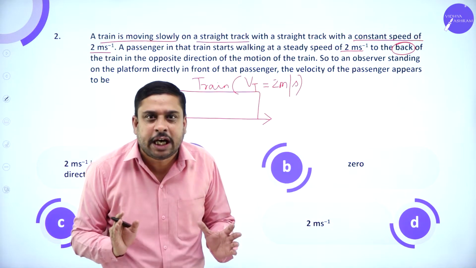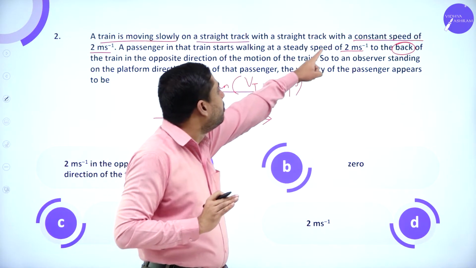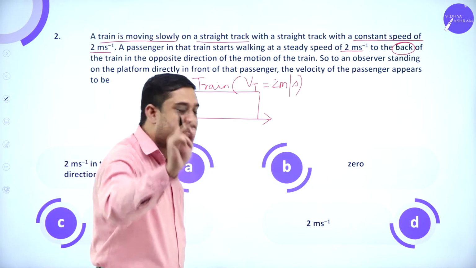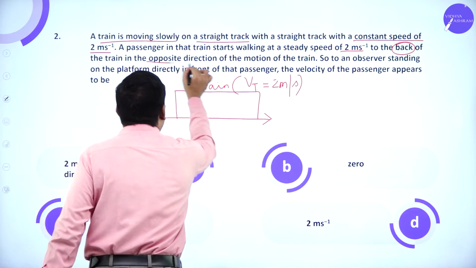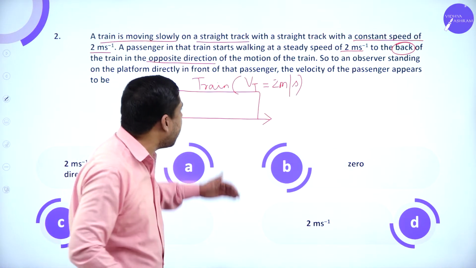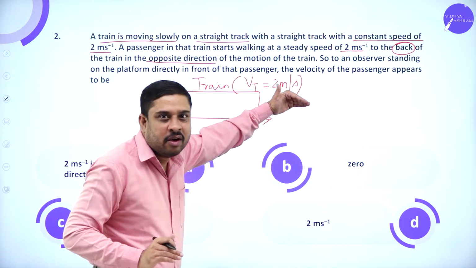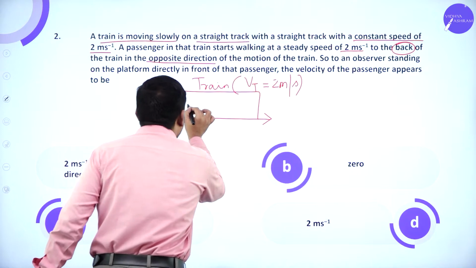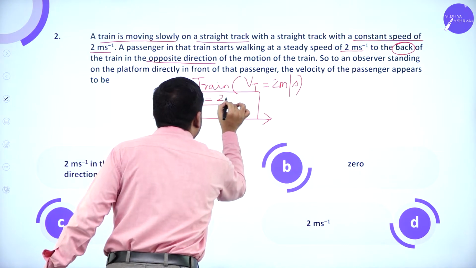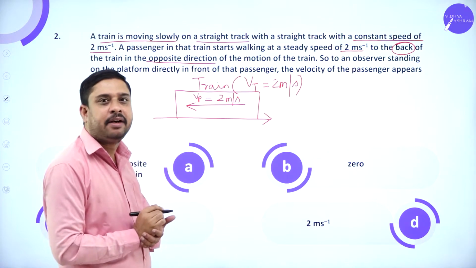A passenger moves with a speed of 2 meters per second to the back of the train, which means in the opposite direction of the motion of the train. So suppose the train is moving along the x-axis. The passenger moves opposite with a speed of 2 meters per second.